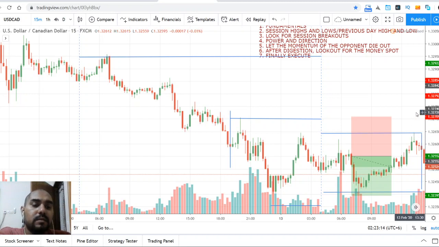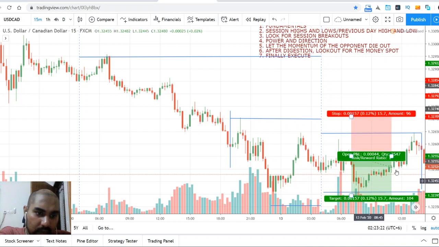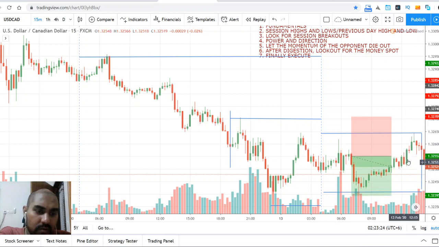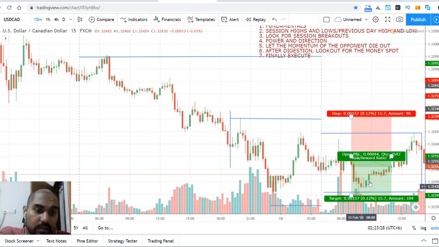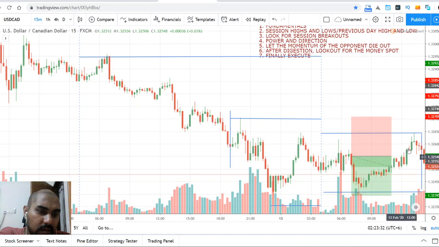And now let me see how the sellers react. And there's no such move in this whole movement which will excite people, turn sellers to buyers.